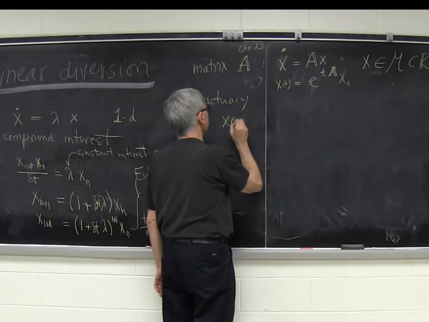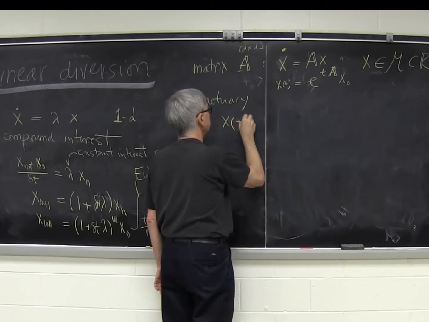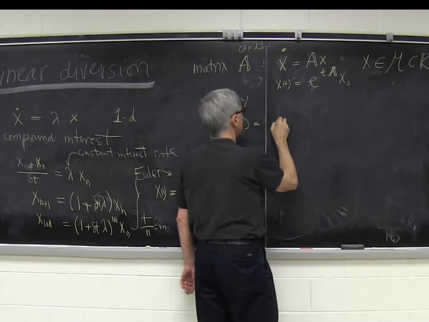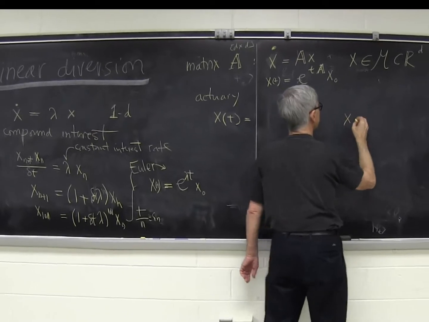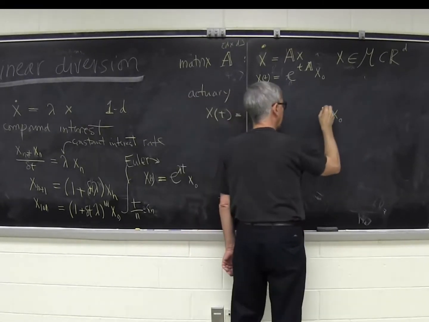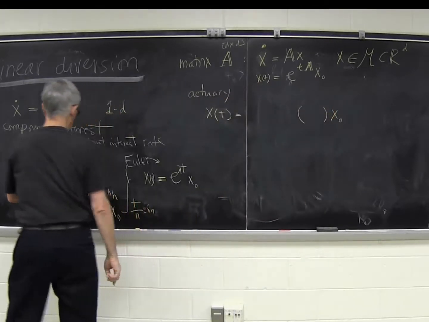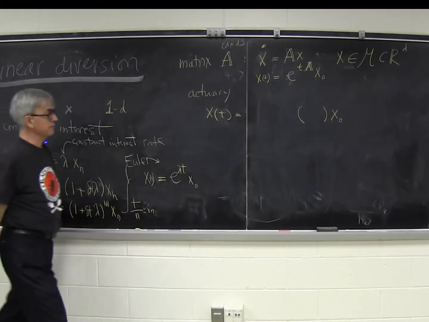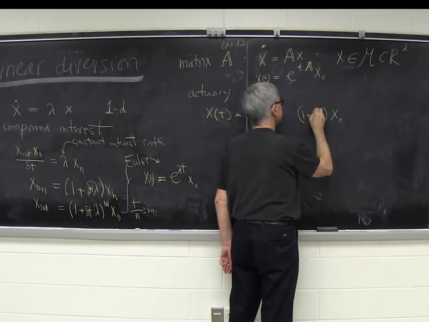Actually, we would say I can approximate this exponential by a product, and the product is, I start with my initial state x0, any place in the state space, and I apply to it this thing with lambda replaced by a matrix. So it's 1 plus time divided by number of steps times the matrix.